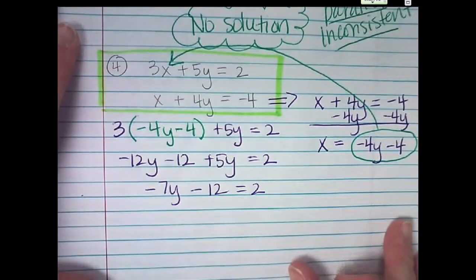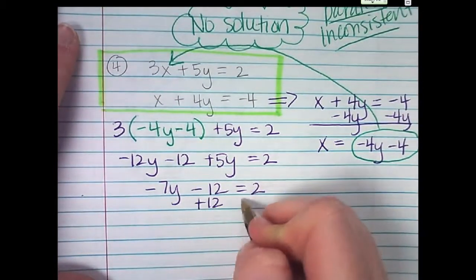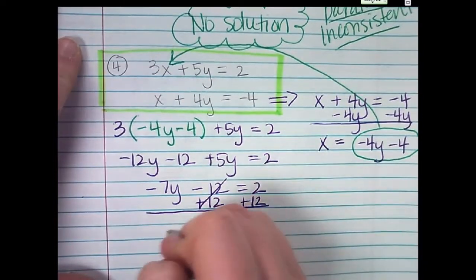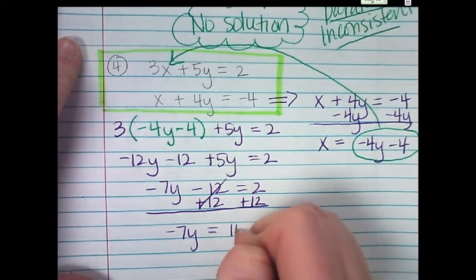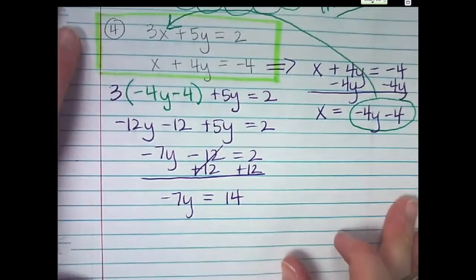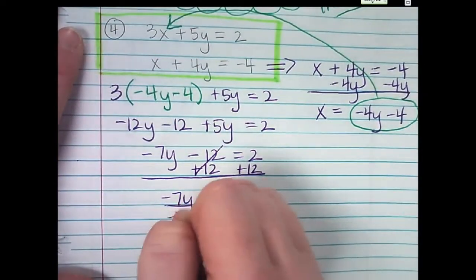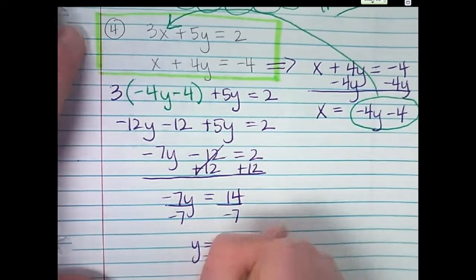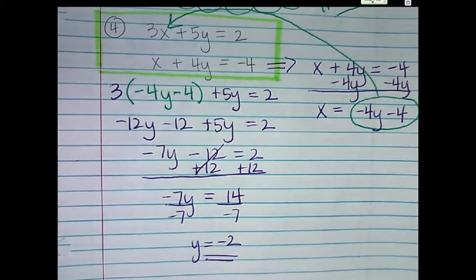So when you're doing these, just be really cautious of your algebra here, your adding, subtracting, because that will definitely mess your answers up. So y should equal -2.